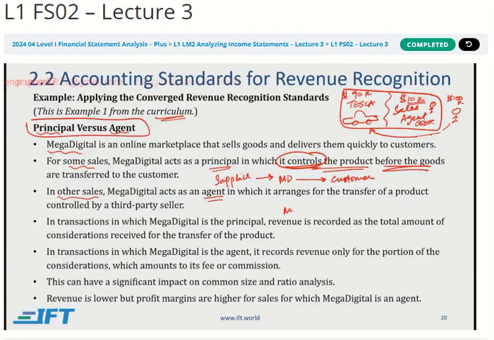But in other situations, Mega Digital is doing something called drop shipment, right? Some of you, if you have a background in e-commerce sales, will understand that Mega Digital is not taking control of the product. They are just directly getting the product transferred from the supplier to the customer.